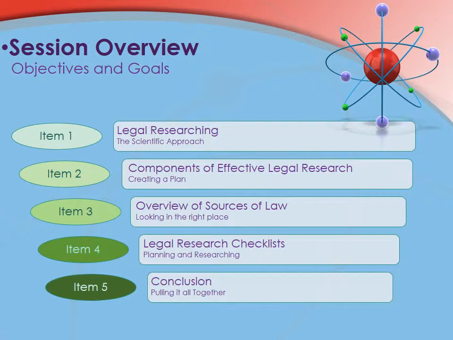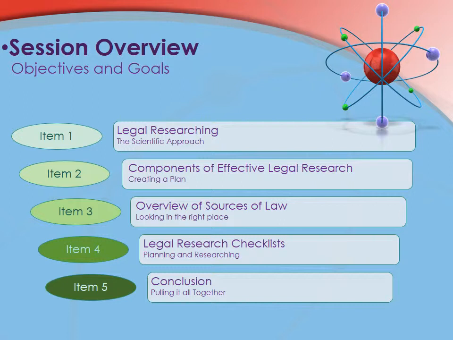So this particular session is just going to provide some shortcuts and a drill down format of the approach that's used within the Six Sigma for paralegals, the paralegal blue belt, which is a certification in legal researching.